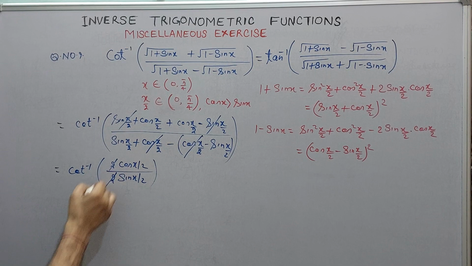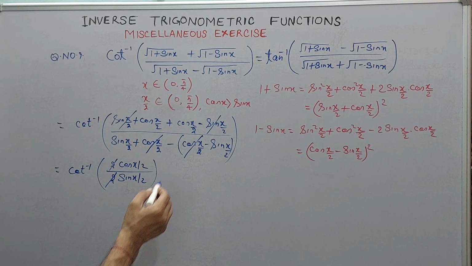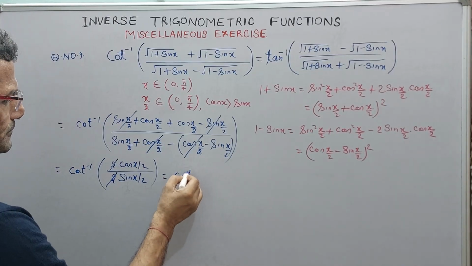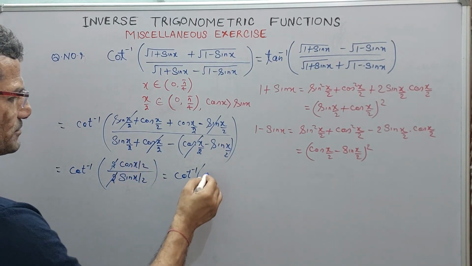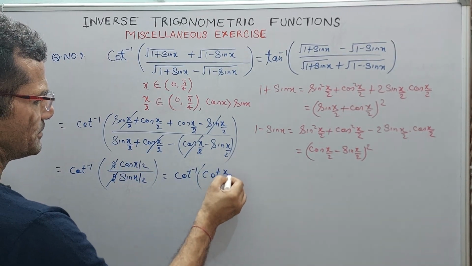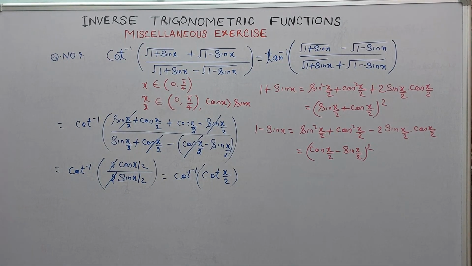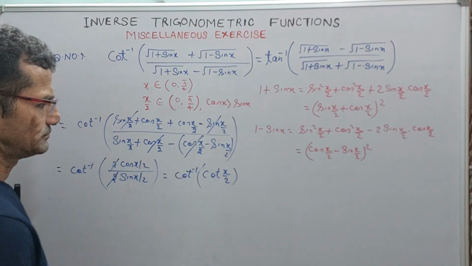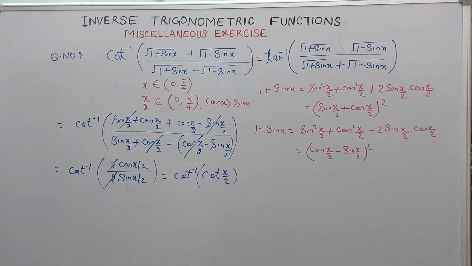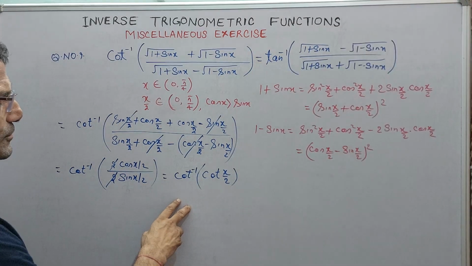So now the 2 cancels out. Finally, inside this one, cos upon sin is cot x by 2. Now cot inverse of cot x by 2.